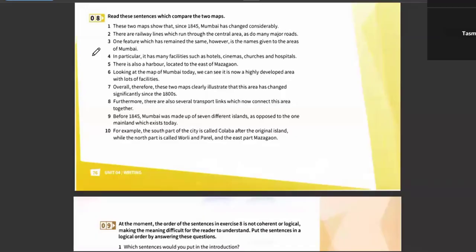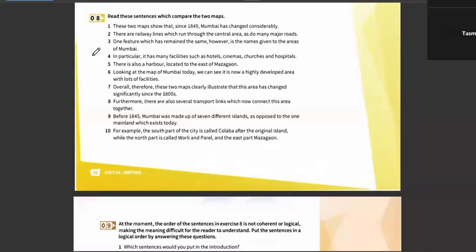You can add number nine in your first paragraph, where you can start with number nine, where you can firstly state that before 1845, Mumbai was made up of seven different islands as opposed to the one main land which exists today. And then you can continue with number six. Looking at the map of Mumbai today, we can see it is now a highly developed area with lots of facilities. Got it, dear? Yes, I got it. Okay, great.